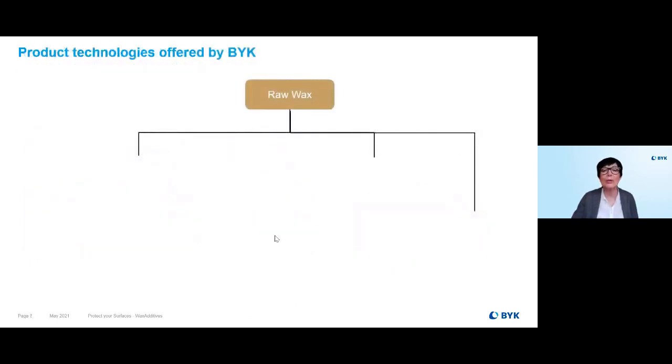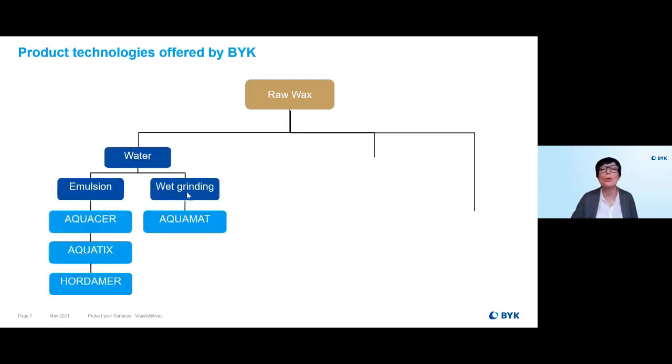The product technologies we offer in BYK are the entire technology range which is available for making wax additives. On one hand, we produce water-based wax additives, so-called wax emulsions. Of course, it's still pretty small particles in water, so it's a pretty fine dispersion, but it's been called emulsion since ever.